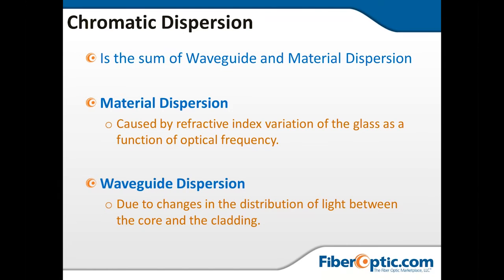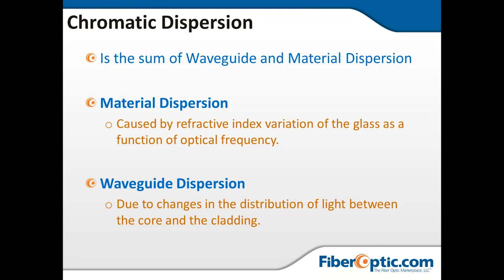So again, I mentioned that chromatic dispersion was the sum of two different types. Material dispersion is the part we've already talked about. Because of the quality of the glass, the wavelengths travel at different velocities. And then waveguide dispersion is simply part of the light signal traveling in the cladding next to the core.